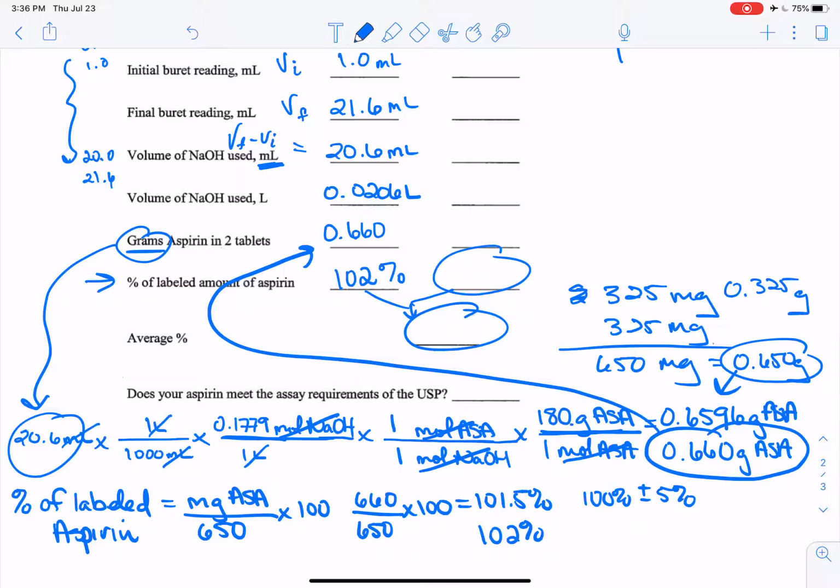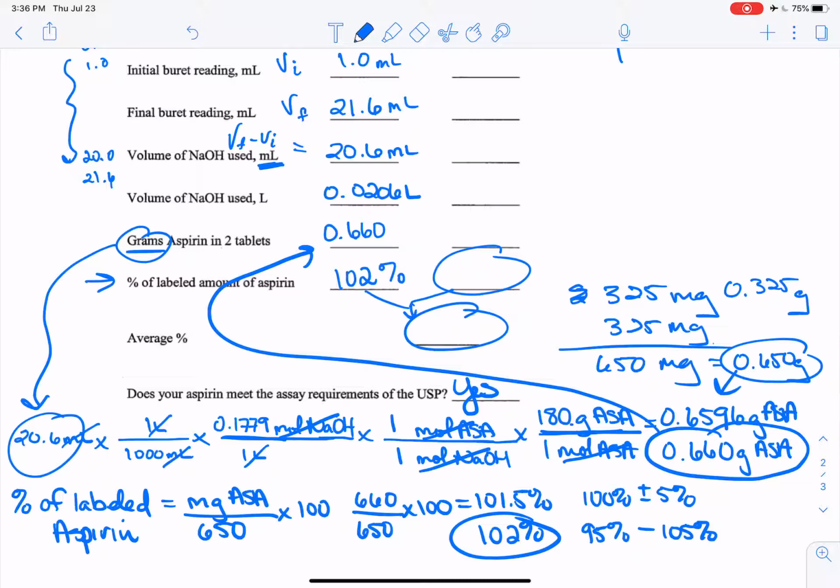So you are legal and within range if you are 95% to 105%. Now we got 102%. I'm assuming if we did another trial, we'd get pretty close. And both of those values would be between 95% and 105%, which is 5% off. And so my answer would be yes here.